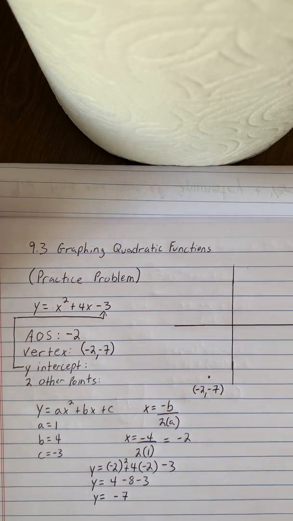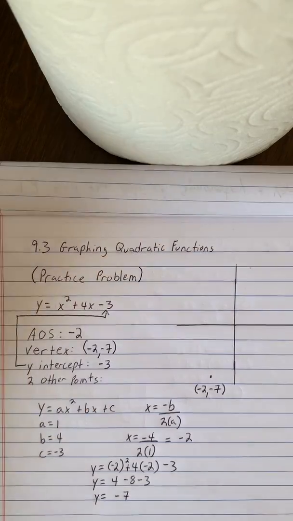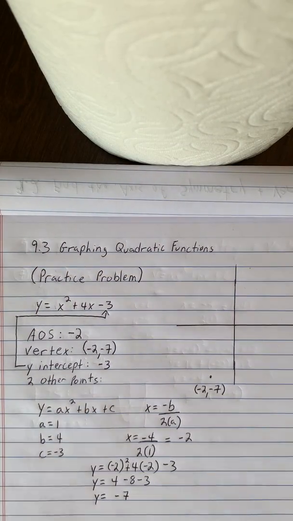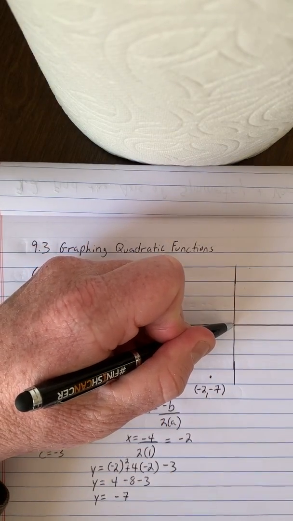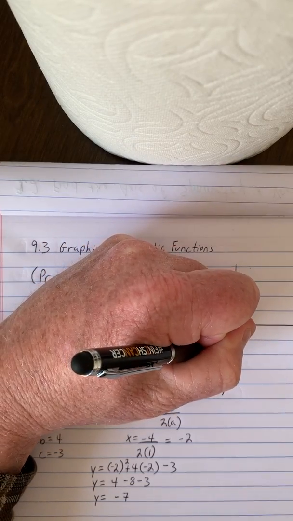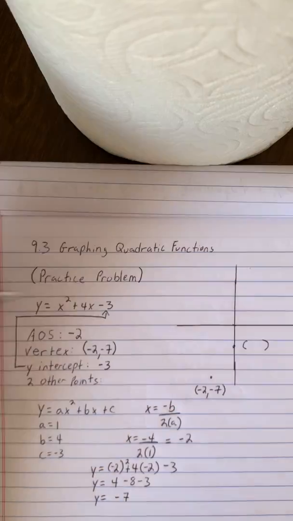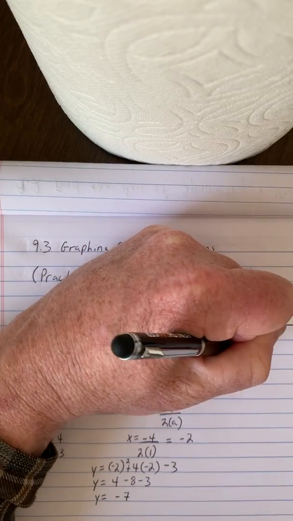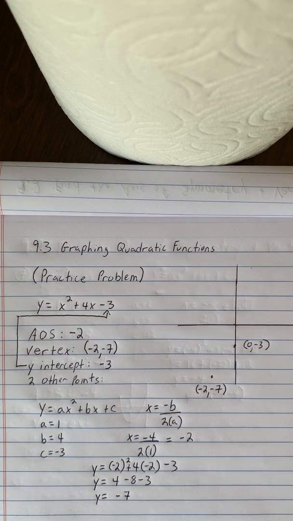Finally, C comes into play. Let's plug it in. Y-intercept is -3. Let's mark that on our graph. If the y-intercept is -3, 0, down 3, perfect. Let's make an ordered pair for that too: 0, -3.